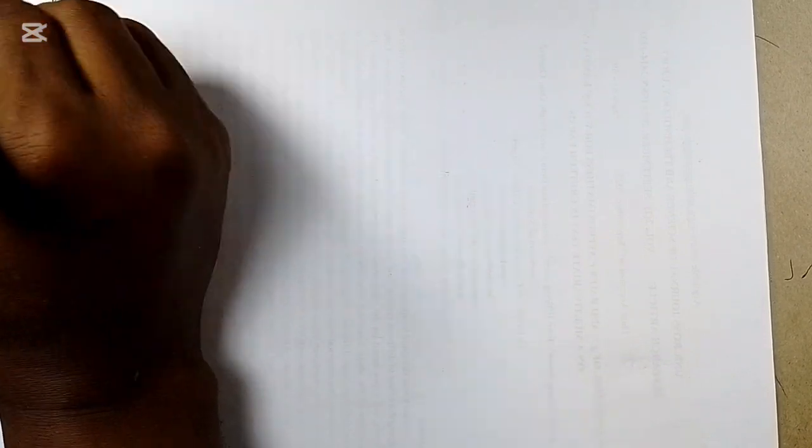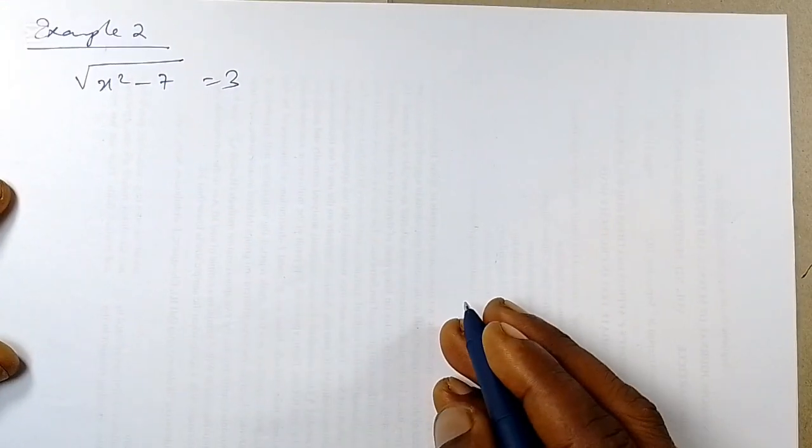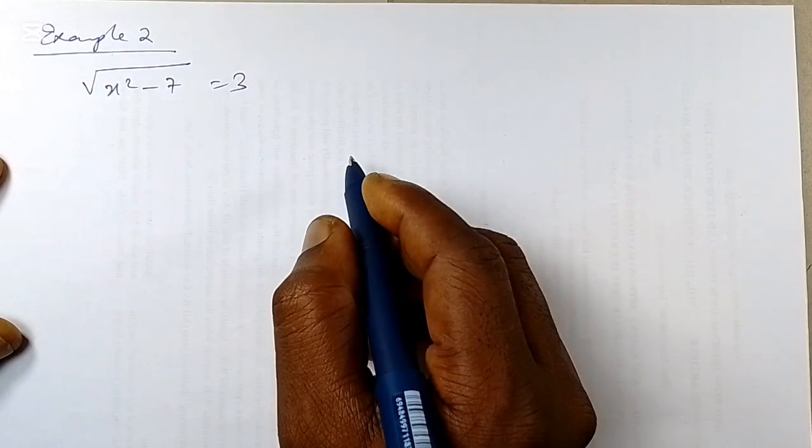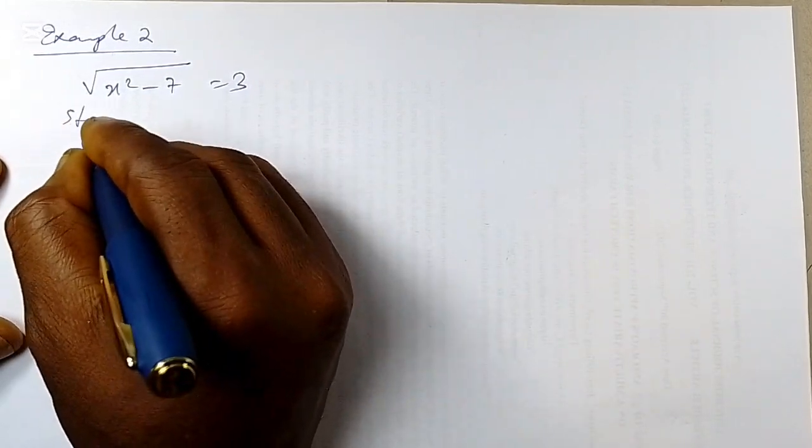Let's take example number 2. In example number 2, let's look at the problem: the square root of x squared minus 7 equals 3. What I'm going to do here is to square both sides as my step 1.